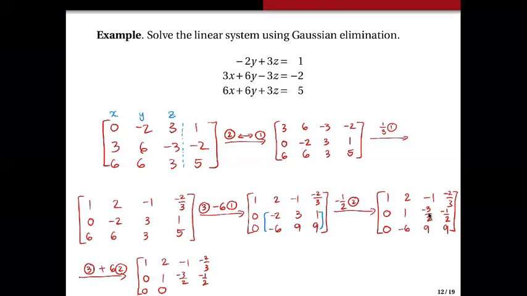So 9 minus 9, that is also 0. And then here, 9 plus 6 times negative 1 half. So 9 minus 3. So 6 times 1 half, that's 3. So 9 minus 3, that becomes 6. Okay?